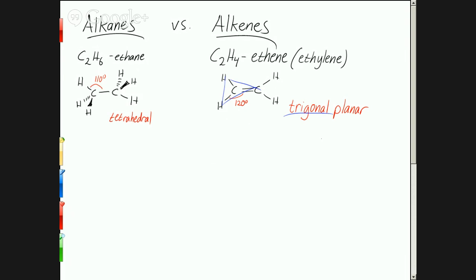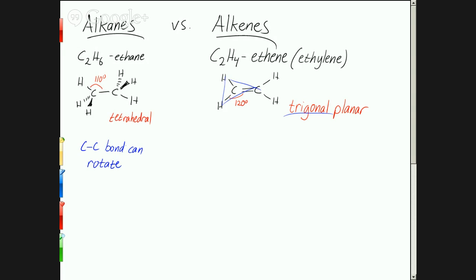And planar, flat. Now there's a third thing that we don't really see just by looking at the structure, and that is the ability of the bond to rotate. So the carbon-carbon single bond in an alkane can rotate around.